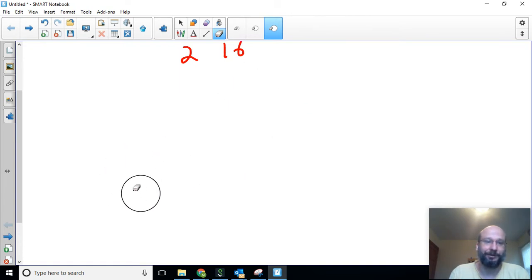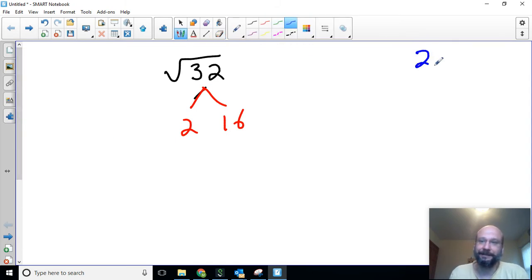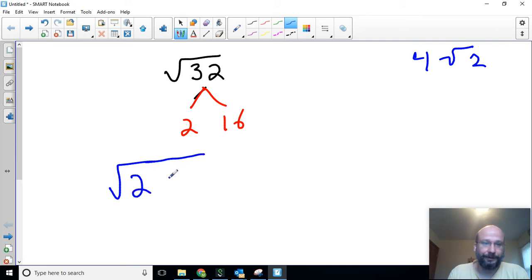If your math is strong, remember our answer that we got was 4 root 2. If I get here, 2 and 16, and I know that 16 is a perfect square, what do I have? I have the square root of 2 times 16, right?